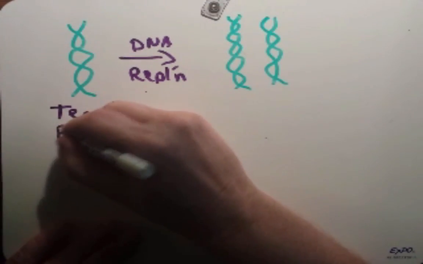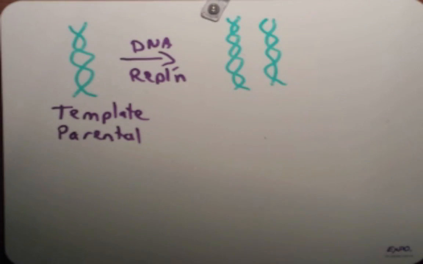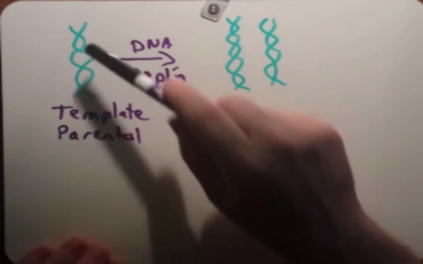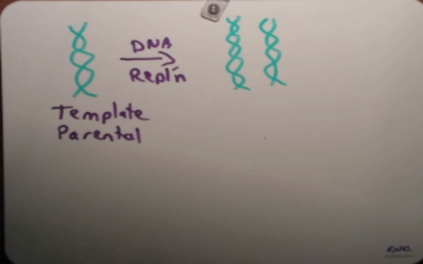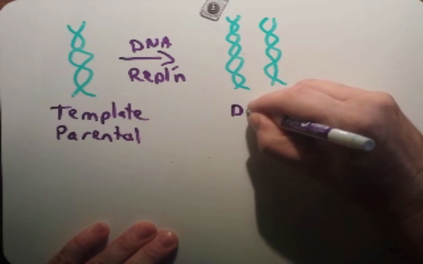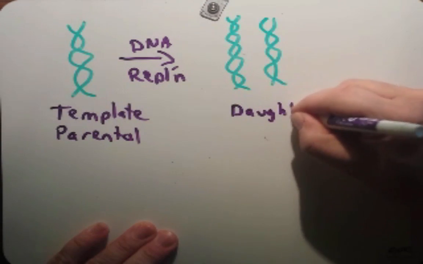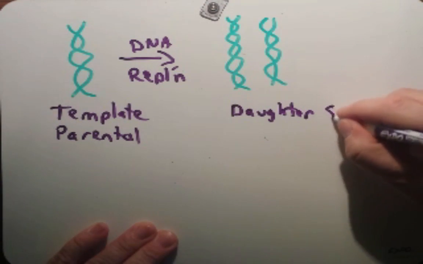We sometimes will refer to it as the parental DNA. As the DNA is copied, this original template DNA is used as a template to produce the second copy. And we call the new copy the daughter strand.